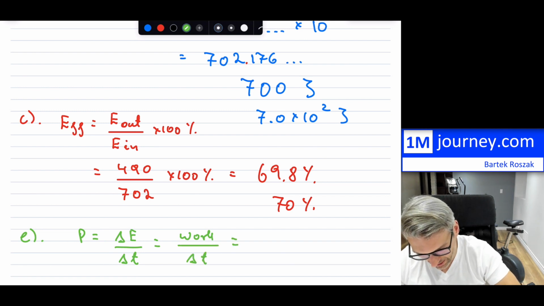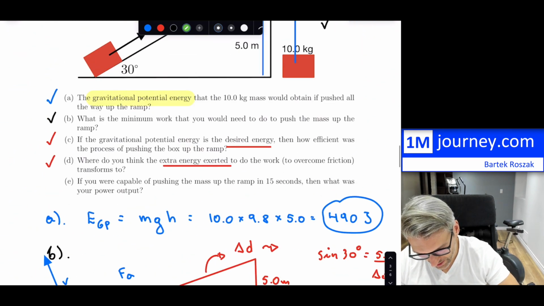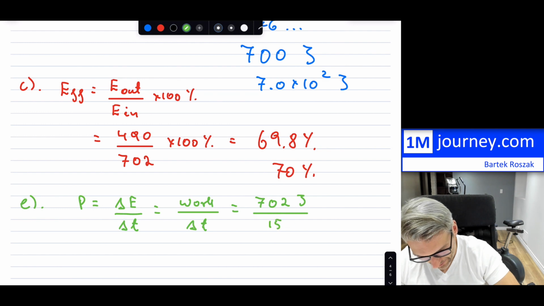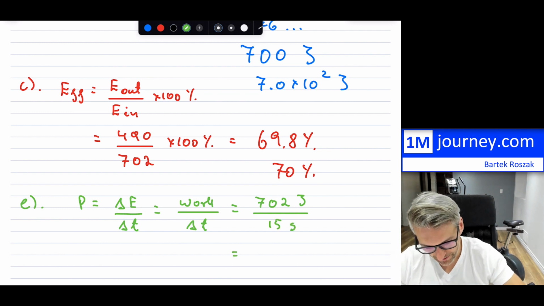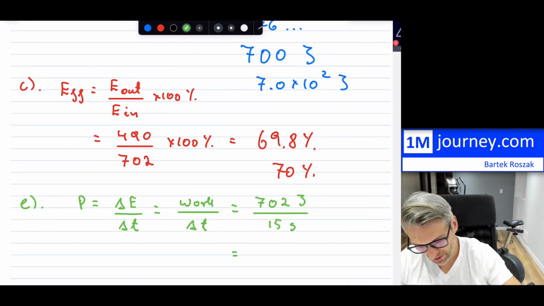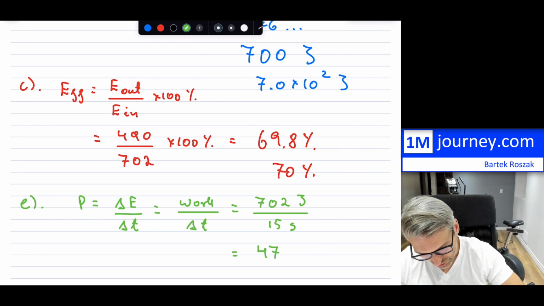Now, we have done about 700, let's still keep it at 702 joules, divided by 15 seconds. So 702 divided by 15 is about 47 joules per second, or watts.